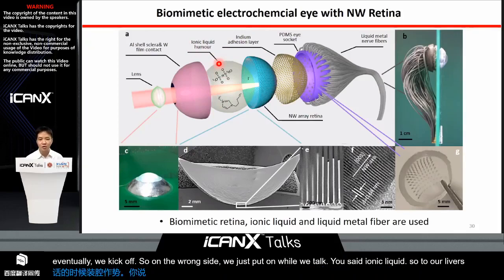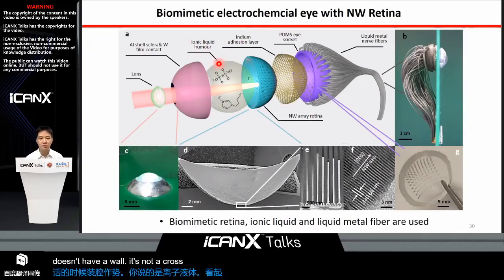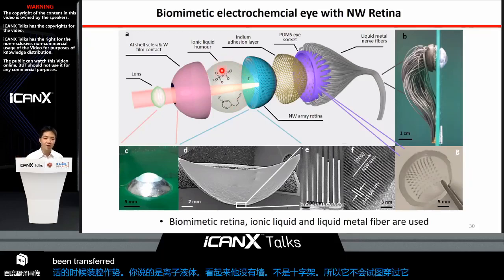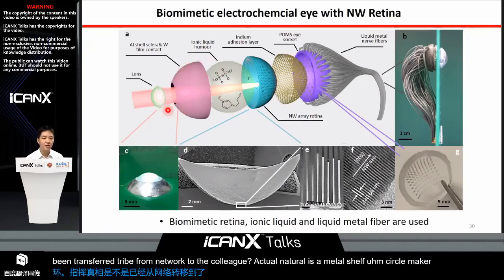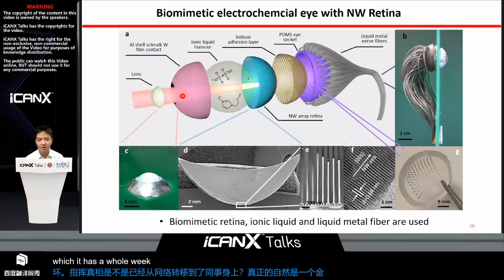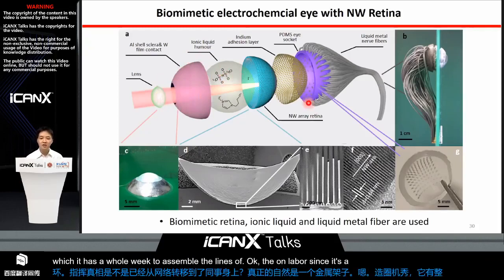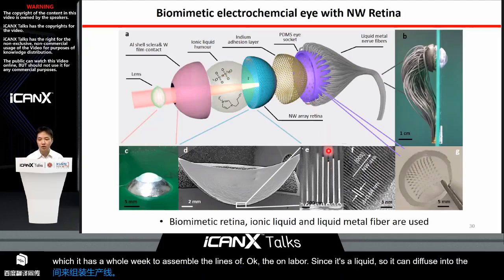It doesn't have water, it's not aqueous, so it won't attack the perovskite material. This ionic liquid can conduct electricity and transfer charge from the nanowire to the contact electrode. The contact electrode is a hemispherical metal shell, which has a hole. We can assemble the lens over there. Since the ionic liquid is a liquid, it can diffuse into the channel and reach the nanowires.